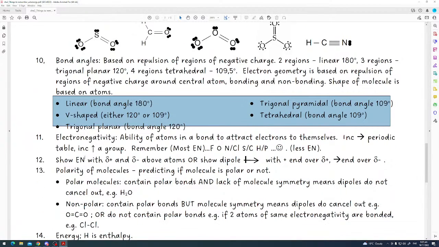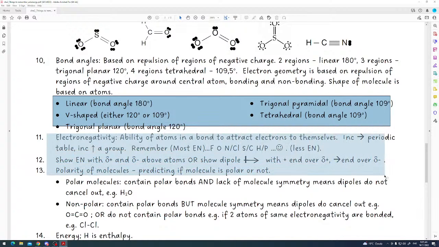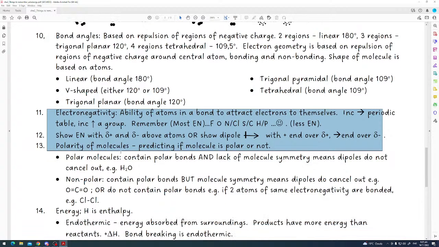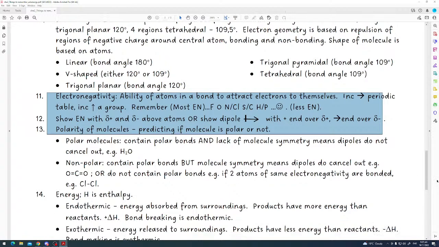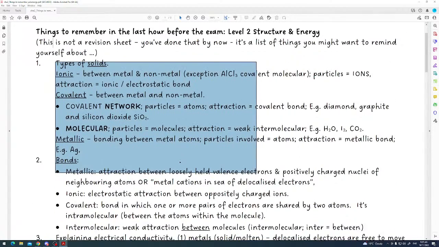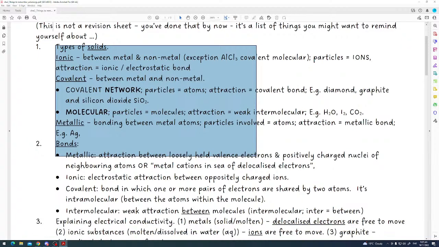Then you use the shapes as well as the polar bonds caused by the difference in electronegativity to determine the polarity. That's normally one big section, and after that you have a big section on types of solids.